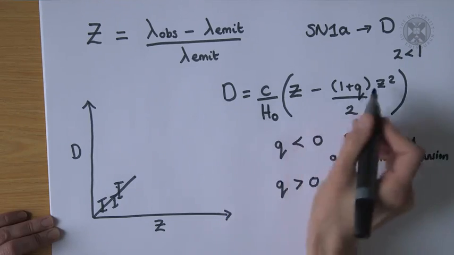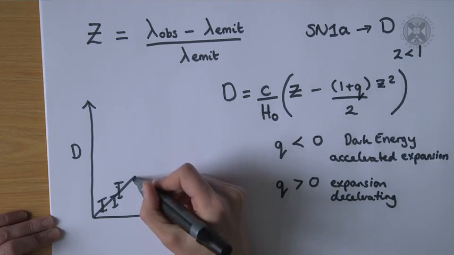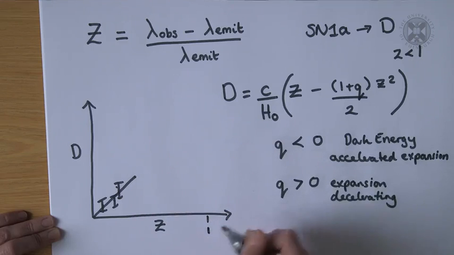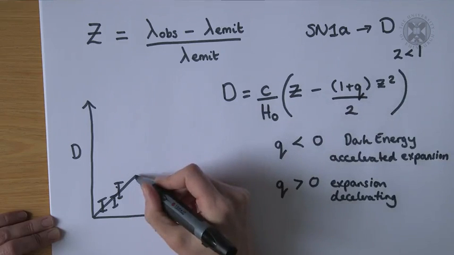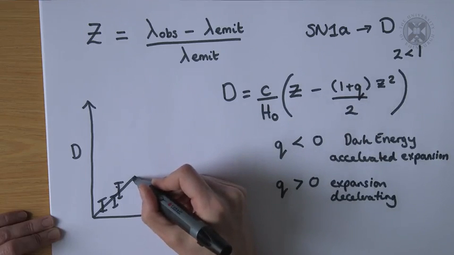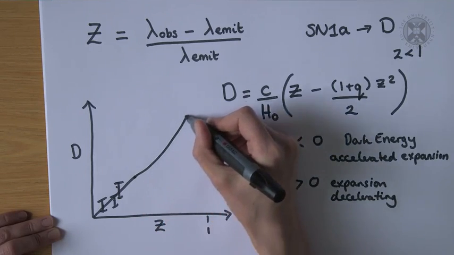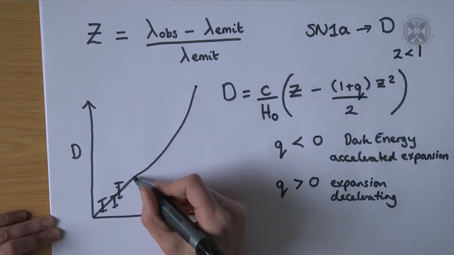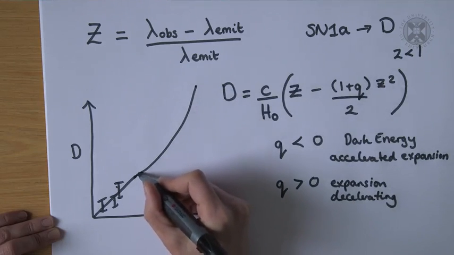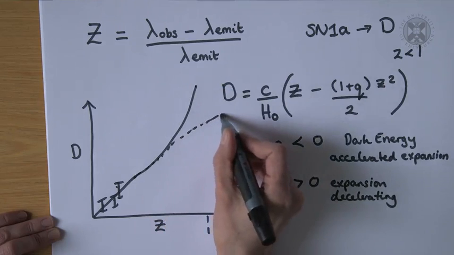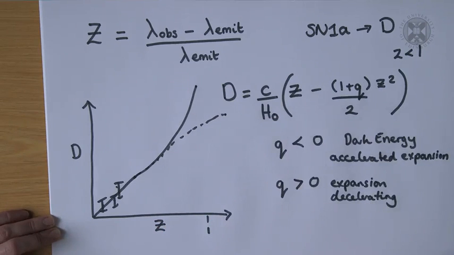So I can draw these lines on my plot now. And let's just go out to a redshift of 1, which is where this equation works. Now, in an accelerating universe with the dark energy, what you'll find is that this tends to tilt up compared to a decelerating universe, which kind of flattens off.